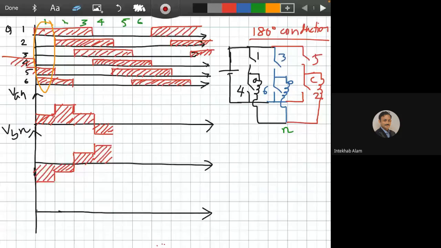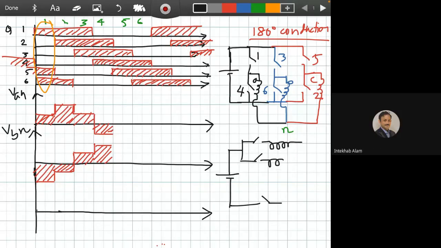So the circuit will be in this form. Do you agree? Can you understand these points? Yes, sir. Okay, good.